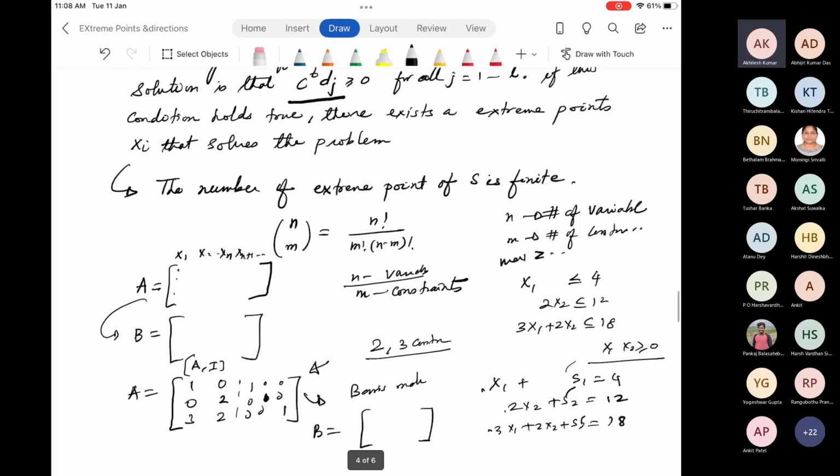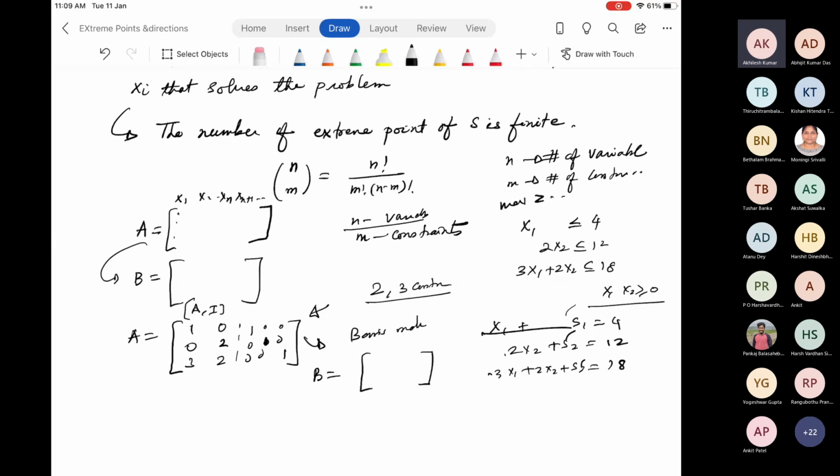So right now we have 1, 2, 3 constraints and 5 variables. How many of them can be basic variables? 3. For each constraint, I can have a maximum of 1 basic variable. So my basis matrix will be 3 by 3.